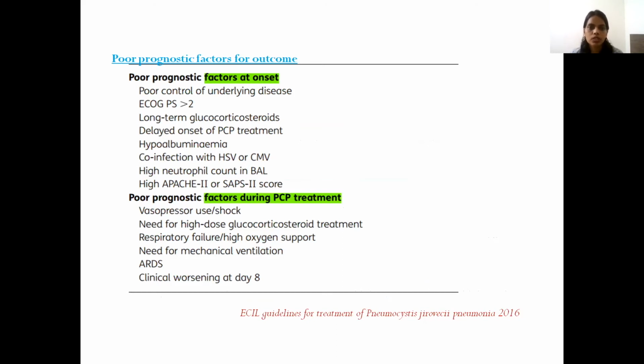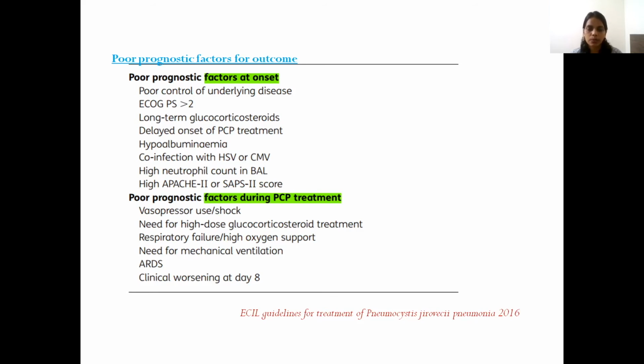Some poor prognostic factors for outcome in PCP pneumonia we should know. These are factors at the onset of the disease and factors during the time of treatment. Poor control of the underlying disease, long-term use of glucocorticoids, delayed onset of PCP treatment, co-infection with other viruses like HSV or CMV, and a higher illness score, that is a high APACHE II and SAPS score, are associated with bad outcome.